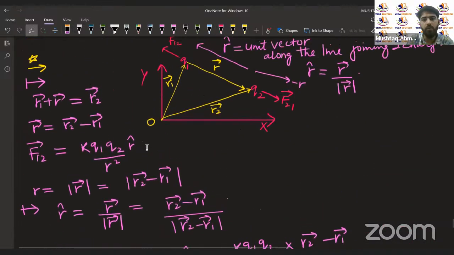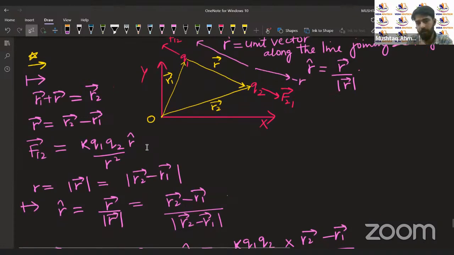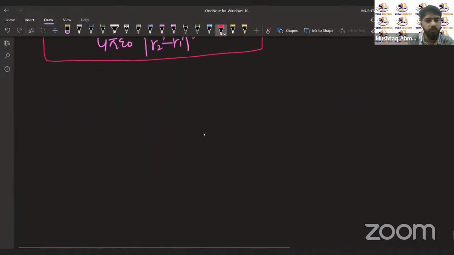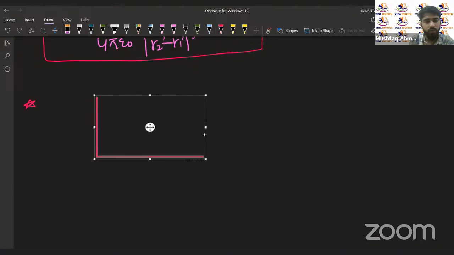We can similarly calculate the force acting on charge q2 because of charge q1. Suppose in general we have to calculate the force between two charges using the vector form of Coulomb's law. This is our x-y plane, and we have q1 charge here and q2 charge here.